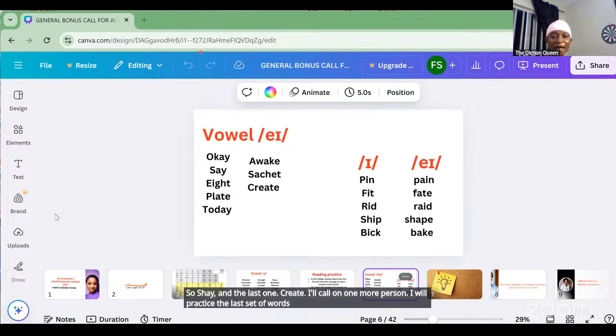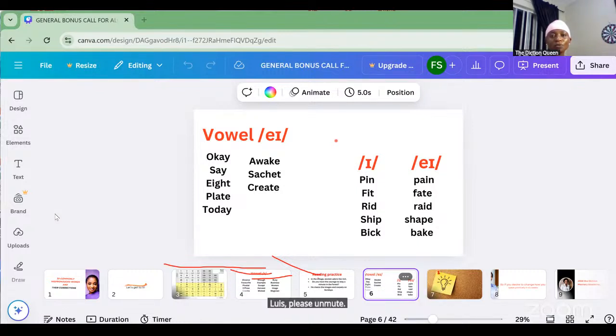Okay, I have Abaka Mahmoud, I've called you. Audrey Stephen, I've called you. Louisa, please unmute. Good evening. Please pronounce the words.